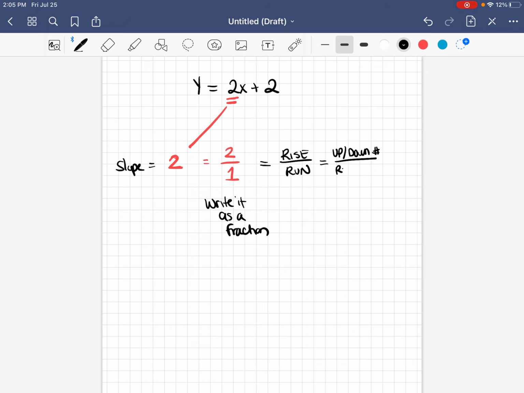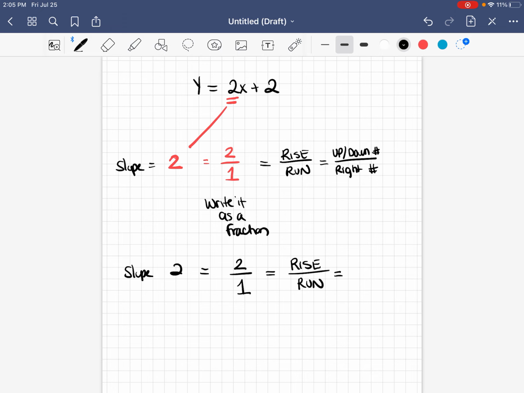Run means you're going to the right a certain amount. So if I have the slope 2, that's the same as saying I have 2 over 1 because it's now written as a fraction. I haven't changed anything. I just made it into a fraction so I can understand the rise over the run.